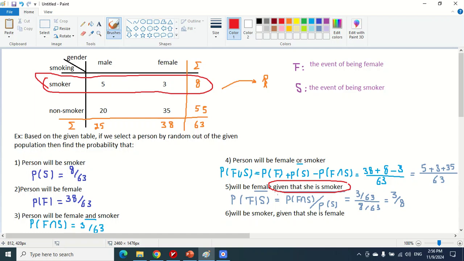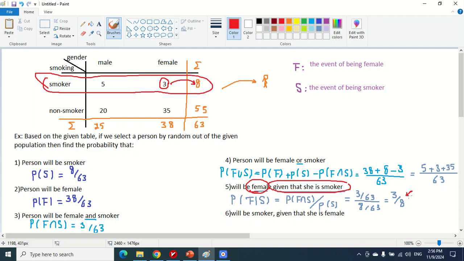And when we ask what is the probability of being female with that condition, it means that the first one has already occurred, we know that the given person is a smoker. Right now the probability of being female is 3 out of the total over here, which is 8. It will be 3 over 8, and as you can see, the result at the end after applying that formula is 3 over 8.